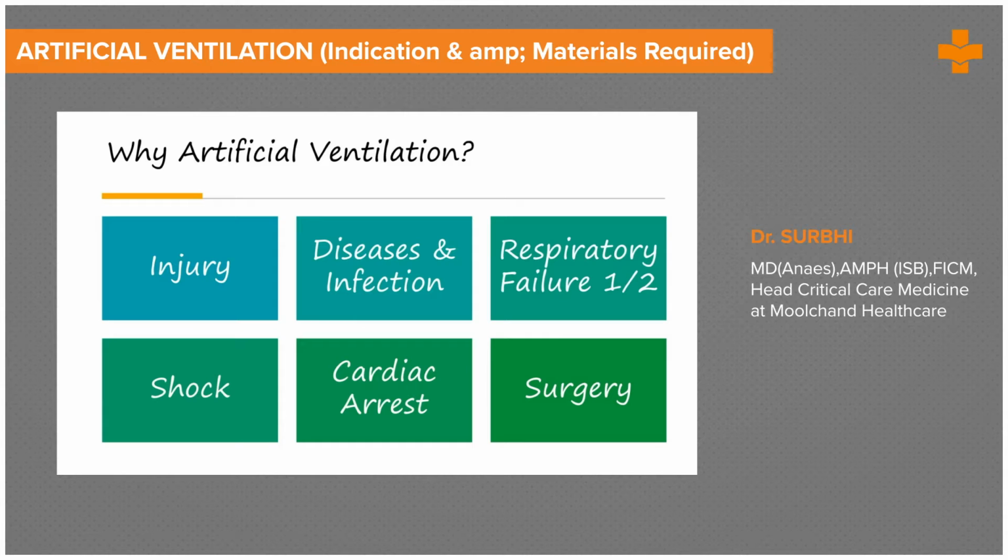And in the non-respiratory causes, you have cardiac diseases leading to respiratory failure. You have surgical causes where the patient has got splinting and not able to breathe. You have patients in shock who require support of respiratory system, and other injuries which are causing patient to be in altered sensorium or unconscious, leading to requirement of respiratory support or ventilation.